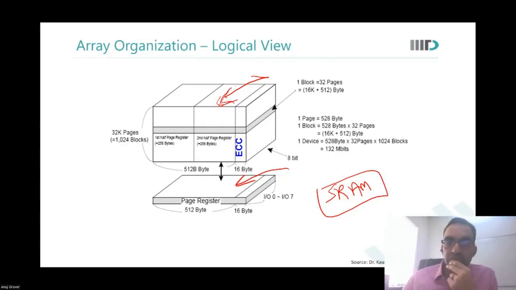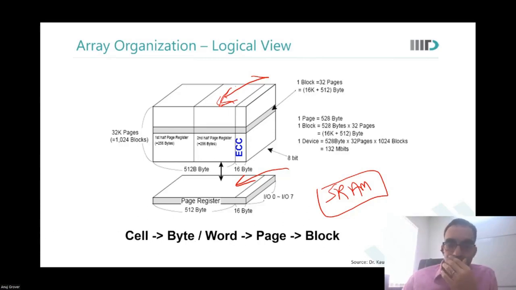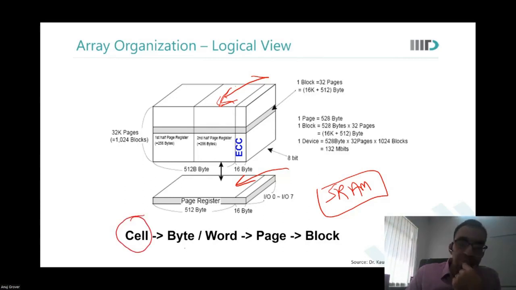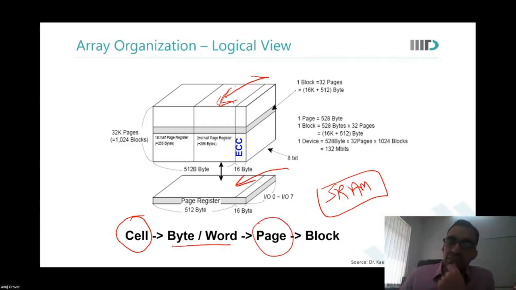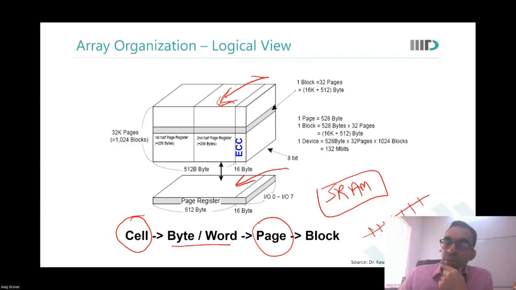Okay. Now, this is the logical view of this. What we are saying is, there is a cell, there is this concept of word, then there is a page. Page is all the bit lines, all the cells sharing the same word line. That is a page.